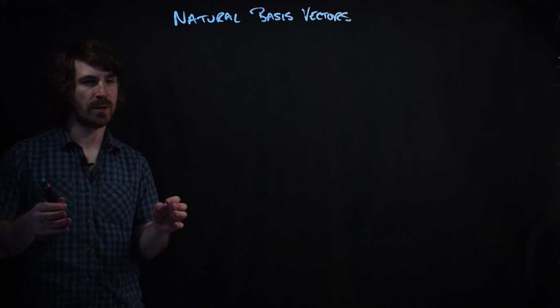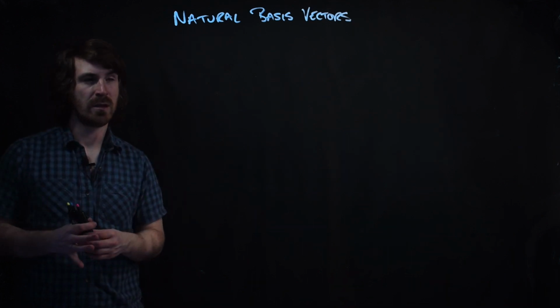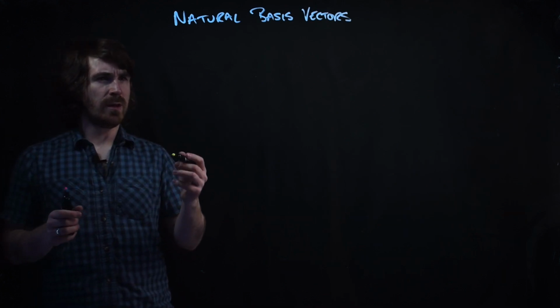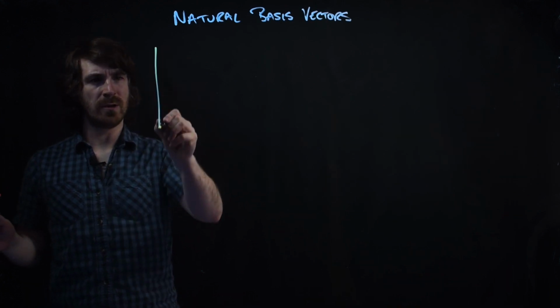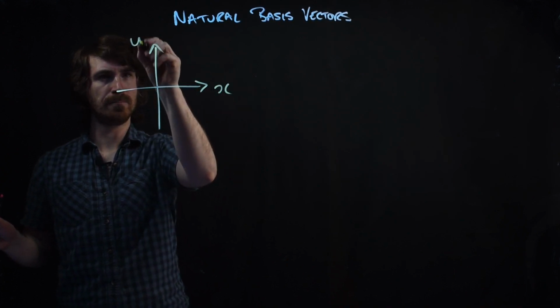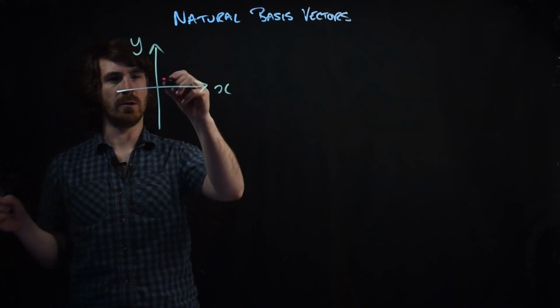Before we move to looking at transformations, let's look at an example. If we think about a two-dimensional coordinate system, x and y, and let's have some vector r.